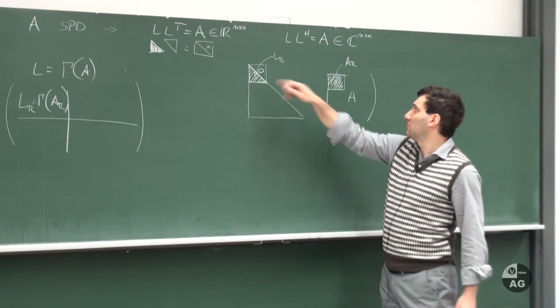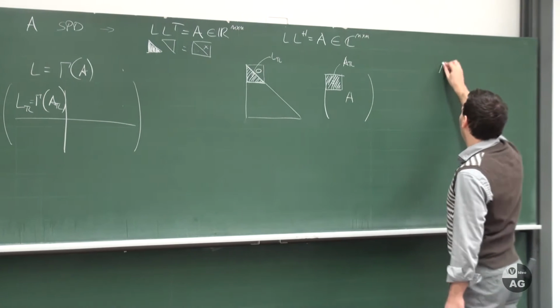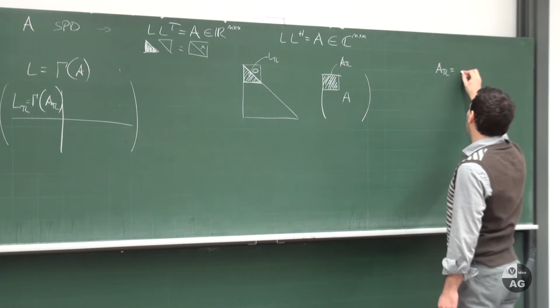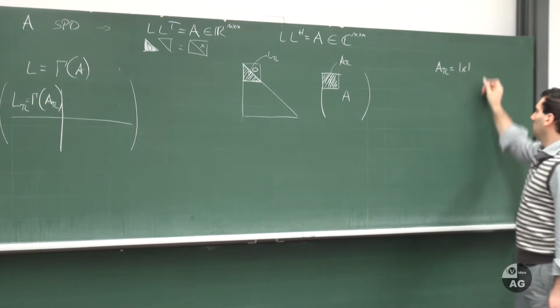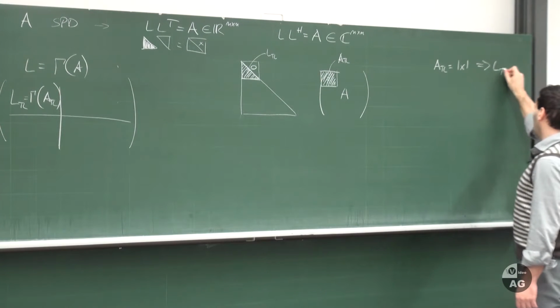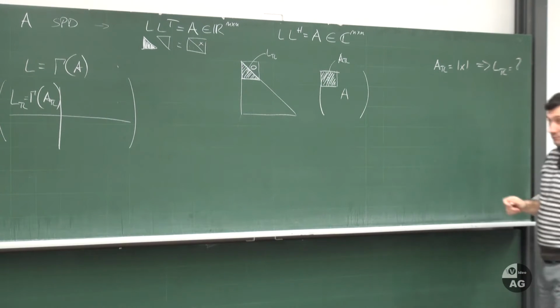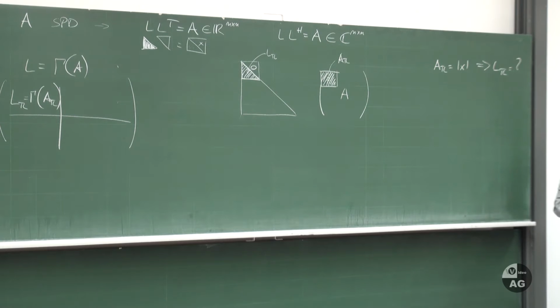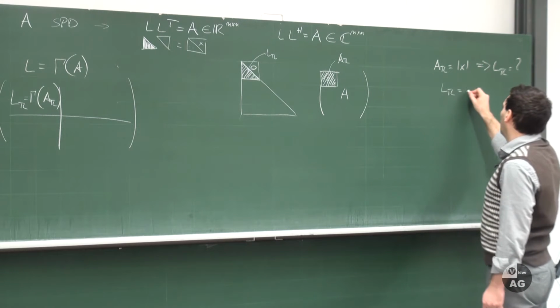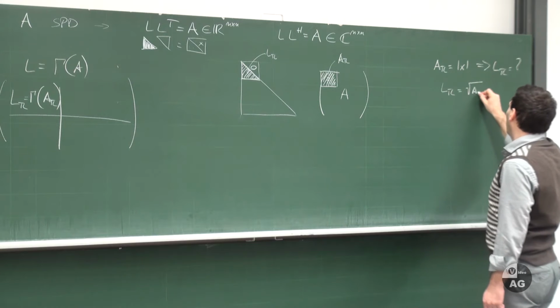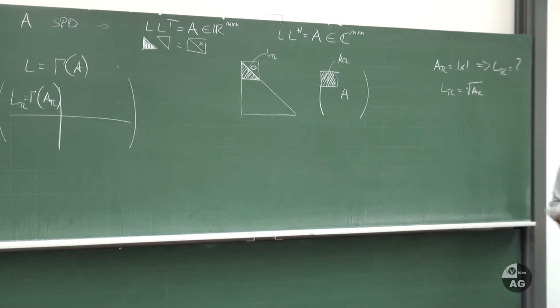And you can tell me, if A top left is 1 by 1, what is L top left? This is an easy one. Precisely, L top left is the square root of A top left.